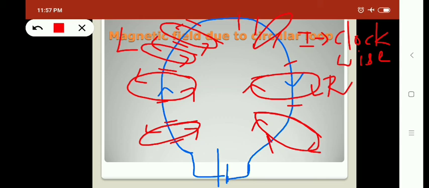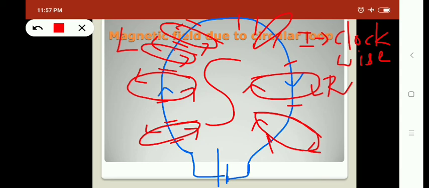The pole to which all the field lines are coming or entering. So in this case, on this side, all the field lines are entering into the screen. So this region can be considered as the south pole. Why? Because on this region, all the field lines are entering into the screen.